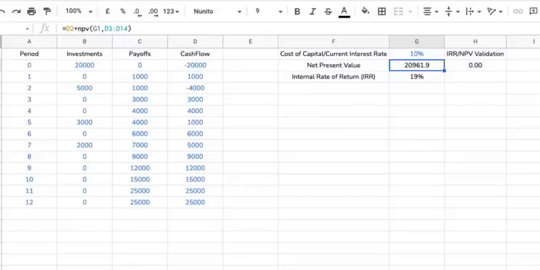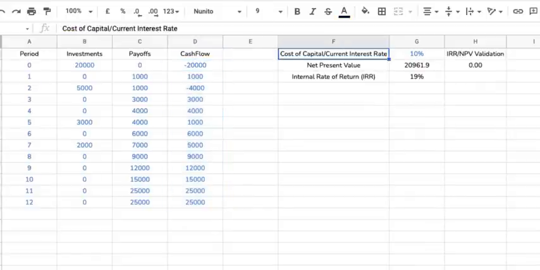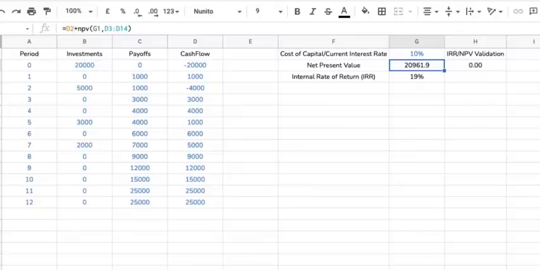So I have just made an addition over here and just used this negative cash flow number. Now, the moment I add this number, I also have to do the time value calculation for the future payoffs and the future investments. So these will be entered into the NPV formula directly. If I look at the cell G2, you can see that the first component is the initial period's cash flow, and obviously it's a negative cash flow, and the second component is the NPV formula, which takes into account the current interest rate, which is linked at G1.